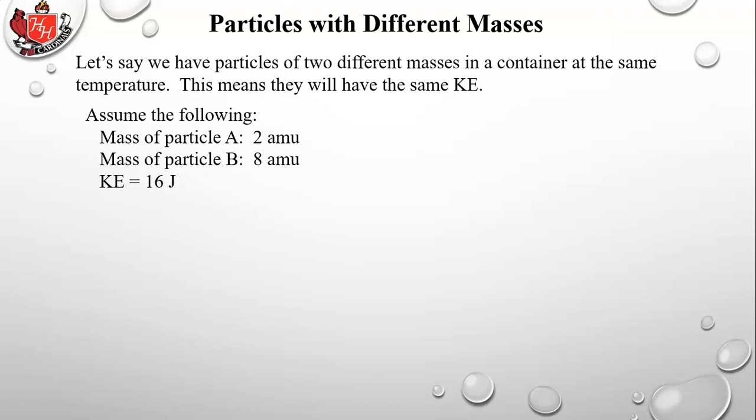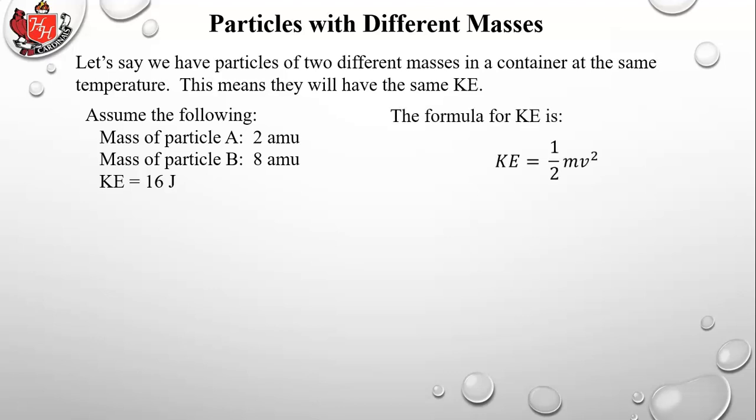So particle B is 4 times more massive than particle A. And since they're at the same temperature, they're both going to have the same kinetic energy. So let's see how the speed of the particle that's 4 times more massive compares to the speed of the particle that's 4 times less massive, or 1/4 as massive.